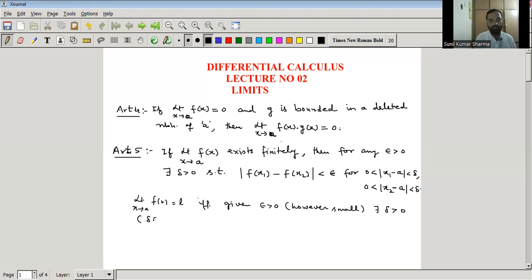This delta depends upon epsilon, such that mod f(x) minus L is less than epsilon for 0 less than mod x minus a less than delta. So this is the epsilon delta definition of limit.